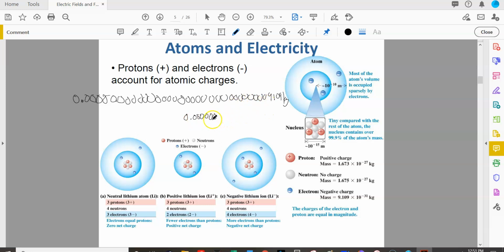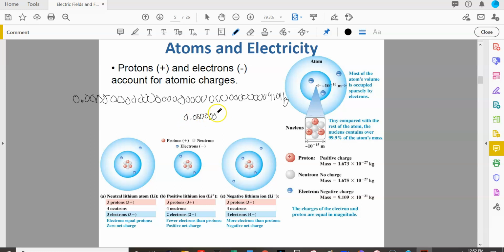So it would be kind of like comparing the weight of you to the weight of a couple of school buses. If you put like 5, 6 school buses together, that's about how much weight difference it is between a proton and an electron. In fact, I think I'm a little bit low on that.